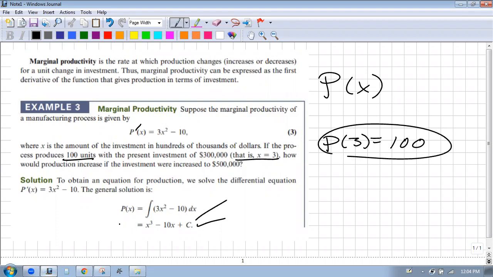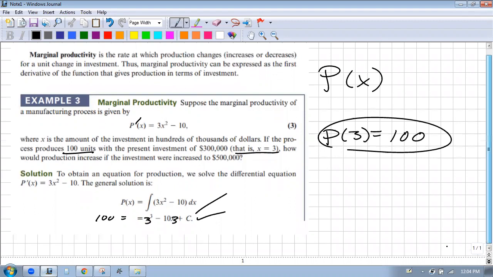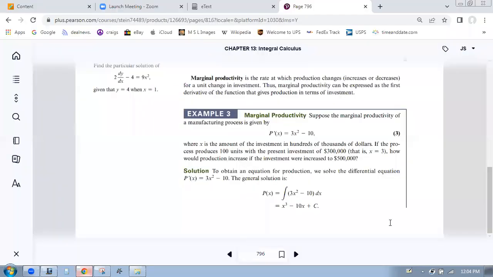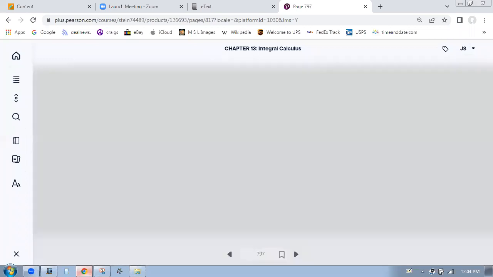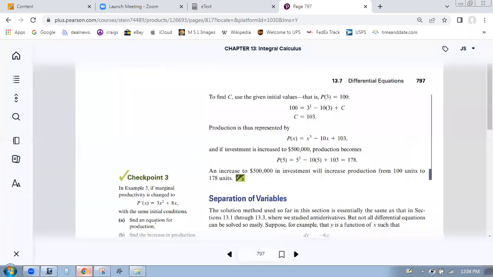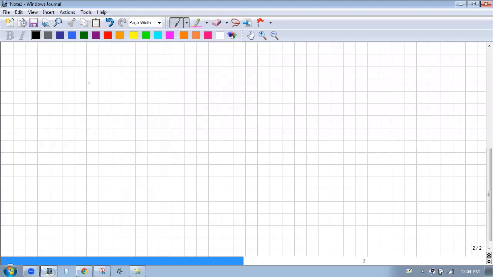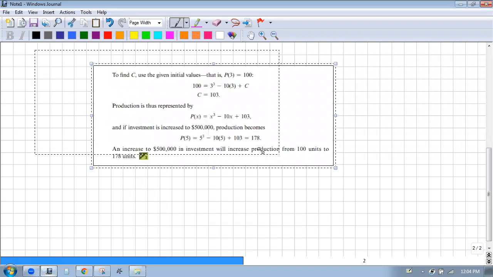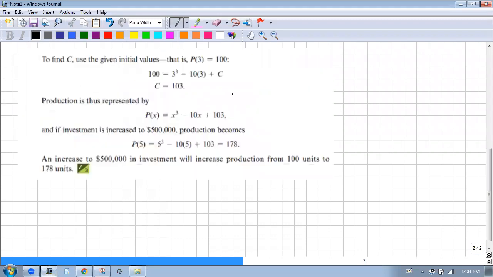Set this equal to 100, replace X with 3, and you can solve for C. And this is the same stuff we've been doing from 13.1 to 13.5 or whatever. So there's nothing new here. Yeah, so you get 103. So that's what your C value is.